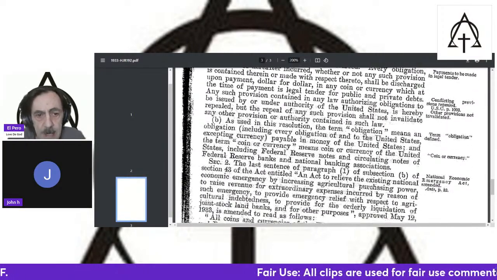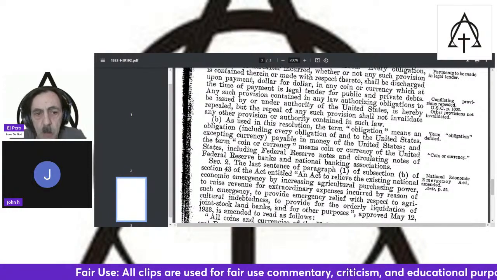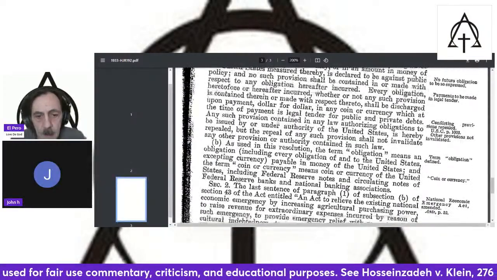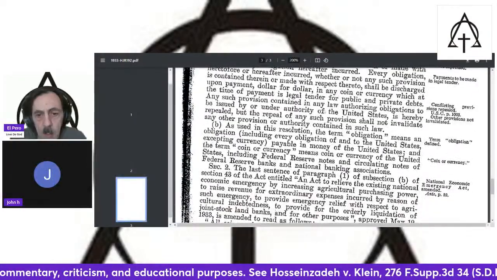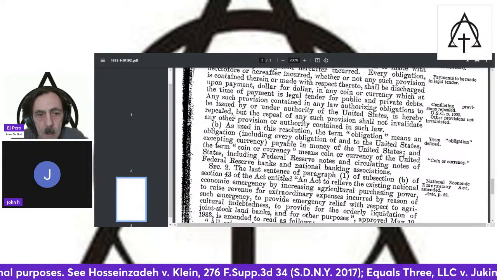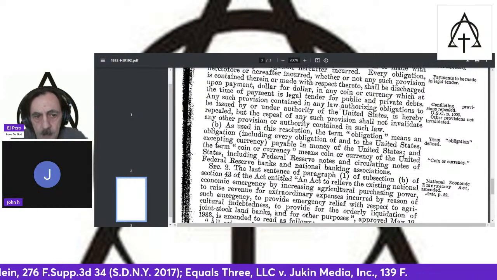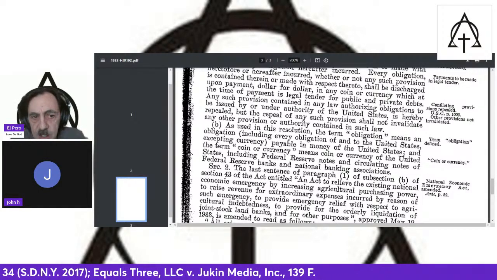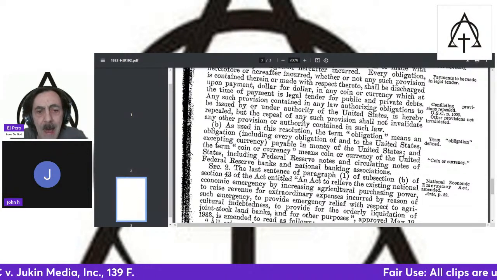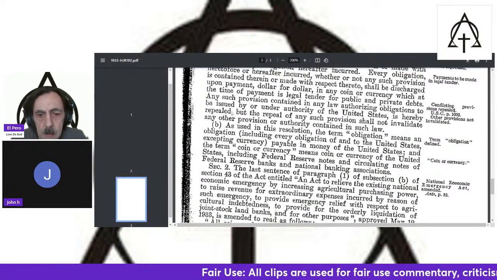It goes on to say any such provision contained in any law authorizing obligations to be issued by or under authority of the United States is hereby repealed.